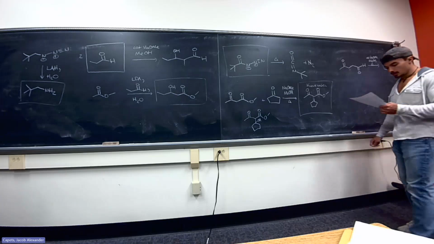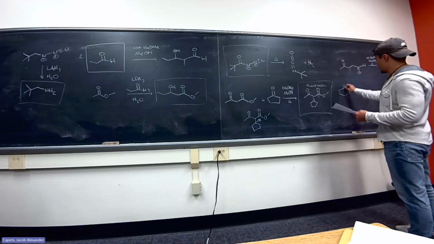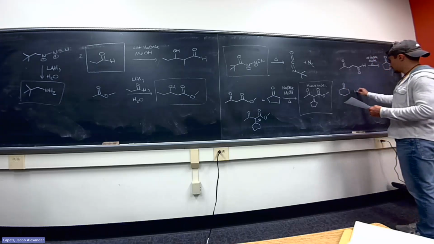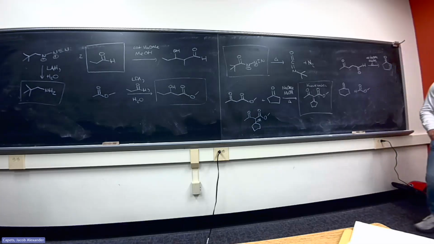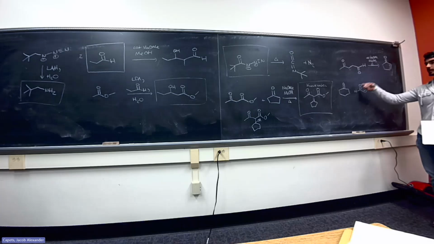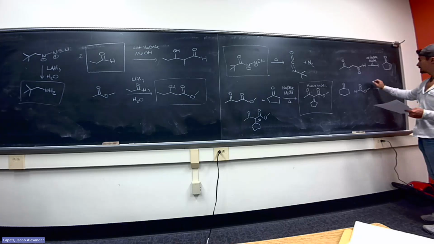Next up, we have, this is kind of reminiscent now of a viable mixed aldol, except here we have an ester, because this has no acidic protons, right? So with methoxide, and we need one equivalent here.